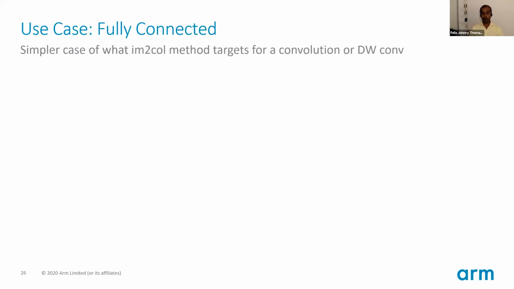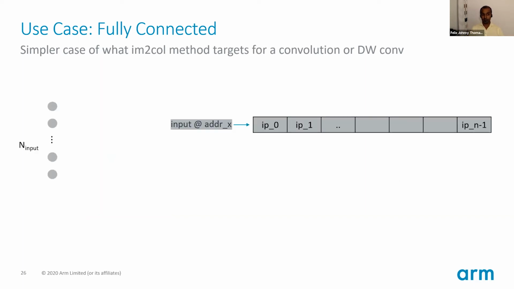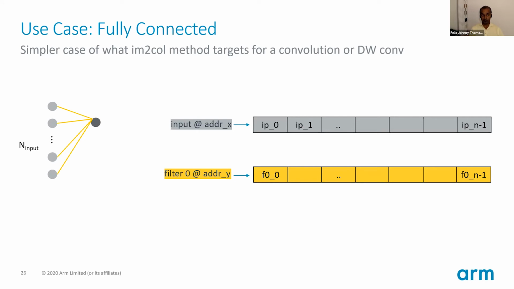So let's take the case of fully connected. This is my second favorite operator. What you have is a vector of n bytes, and its location in memory is like you see on the right-hand side. It's nothing strange about it. And you have n bytes of filters, which produce one output, and that is in a different memory location.